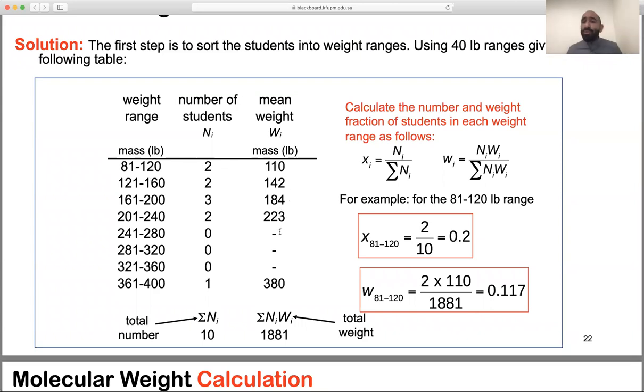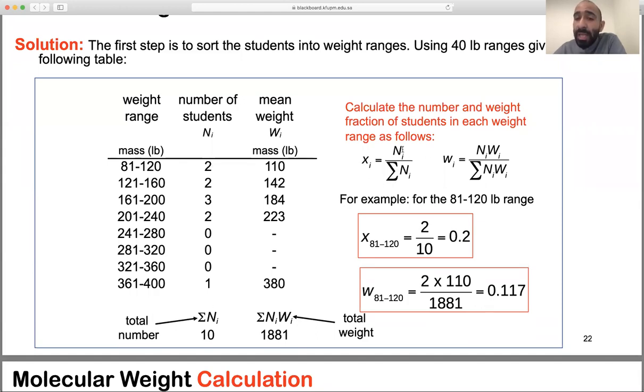Now the difference between the way we calculate the number average and the weight average is as follows. If you want to calculate the number average, you calculate xi, which represents the fraction of this weight range. How can we calculate the fraction? First, we see how many students we have in total: N is 10, and this goes in the denominator.